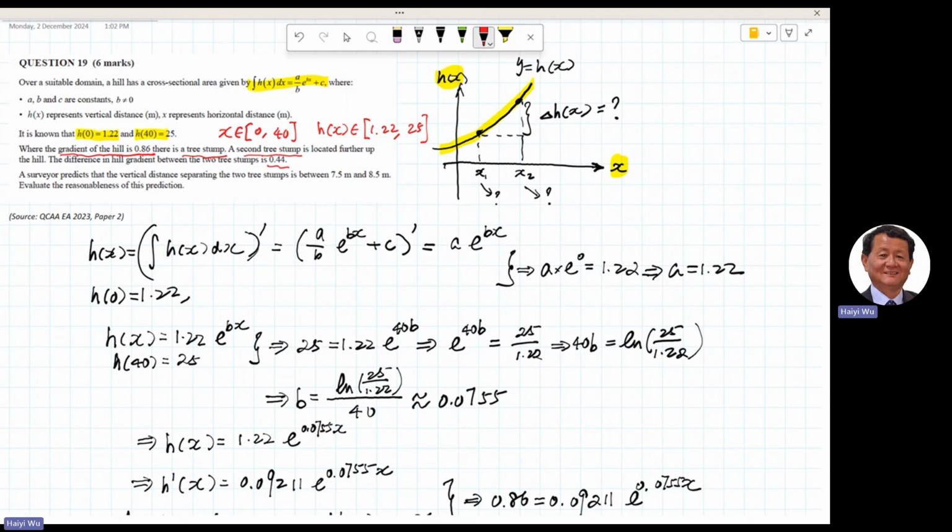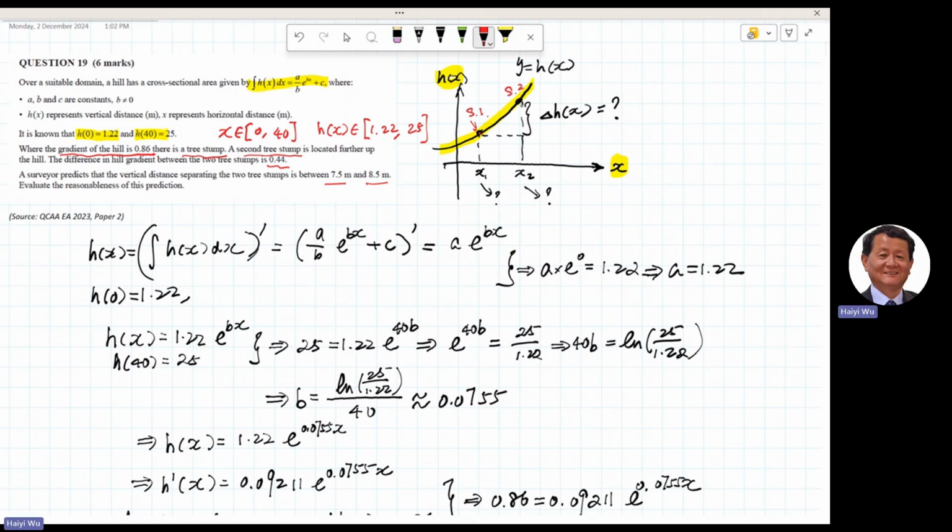Now a surveyor predicts that the vertical distance separating the two stumps is between 7.5 and 8.5. So the surveyor's estimate predicts the distance between the two stumps. Let's say this is stump 1 and this is stump 2.